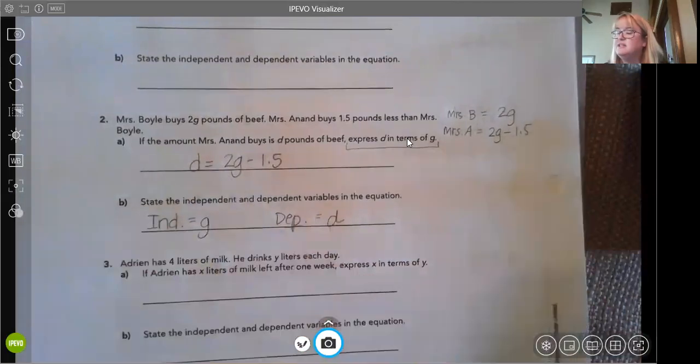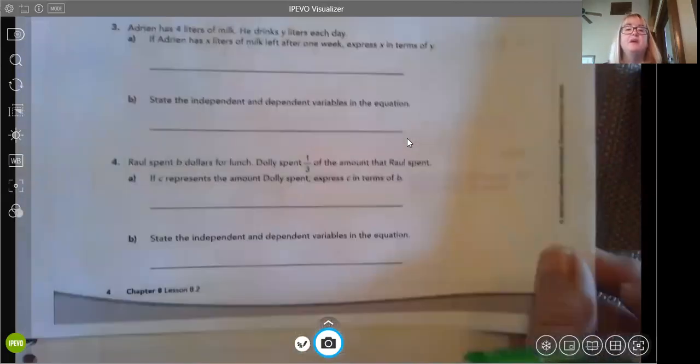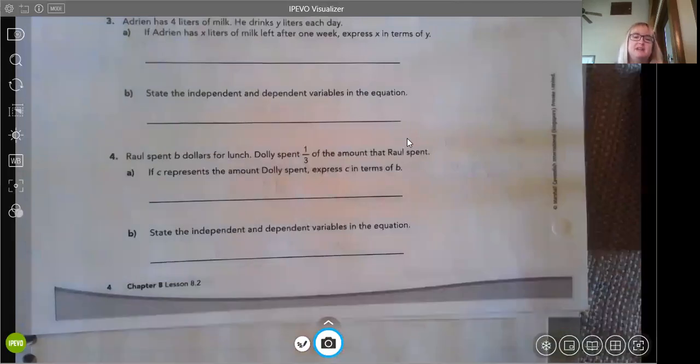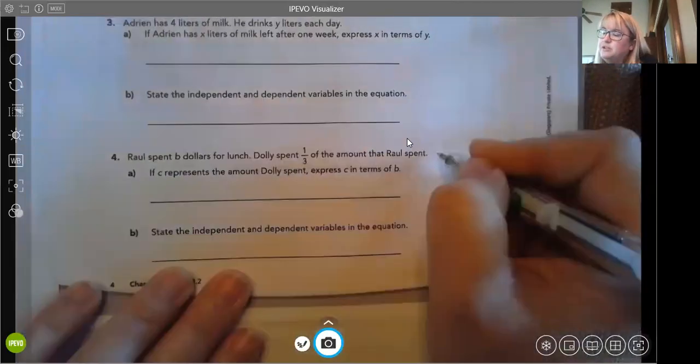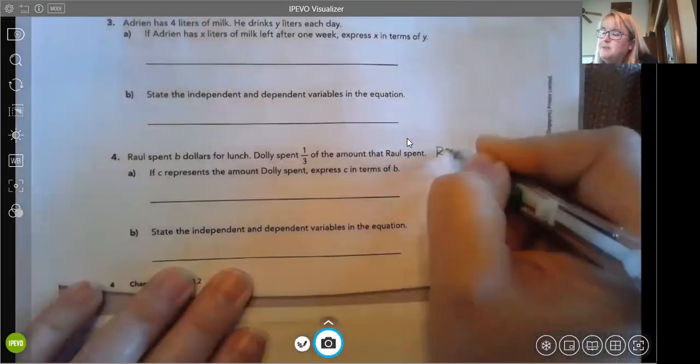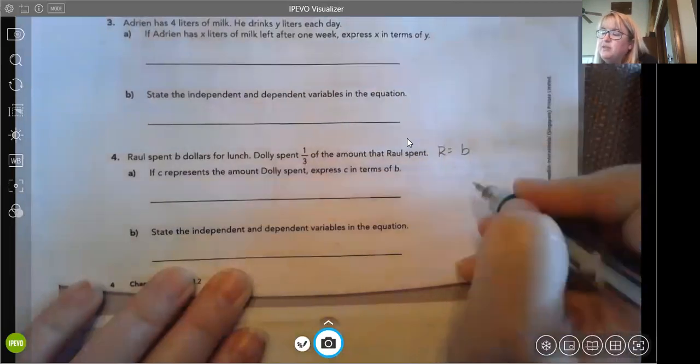All right, we're going to skip down to number 4. Raul spent B dollars for lunch. Dolly spent 1/3 of the amount that Raul spent. So let's look. Raul spent B dollars. Dolly spent 1/3 of that.